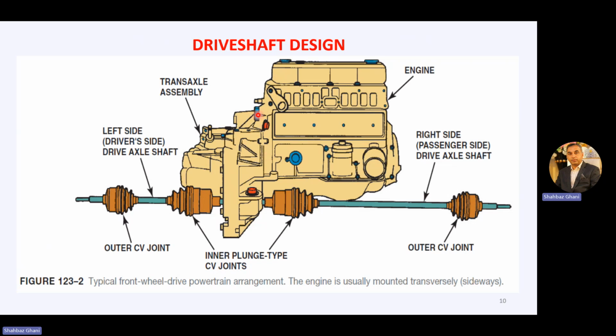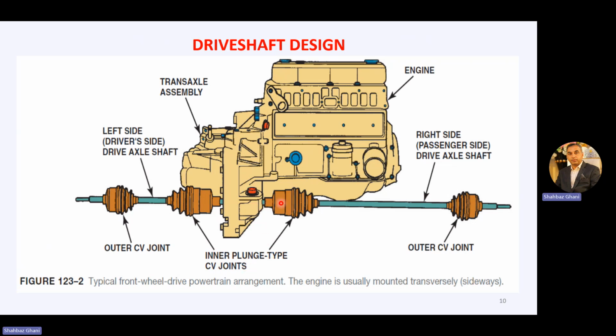Transaxle, as I have already explained in the previous lecture, is a combination of your clutch assembly, meaning your flywheel and a clutch, the gearbox, the transmission, and the final drive unit, which is also known as differential. And from that differential, we have these inner plunger type CV joints.